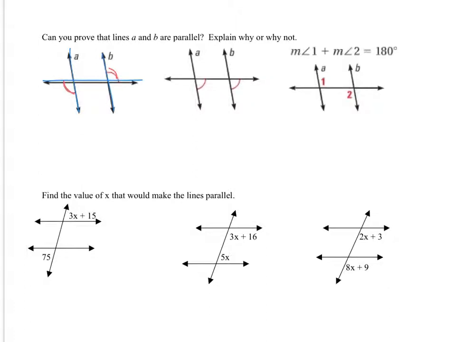So looking at these 2, we have this angle and this angle would be alternate exteriors, so yes, they are parallel because we have alternate exterior angles that are congruent.